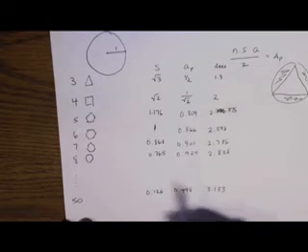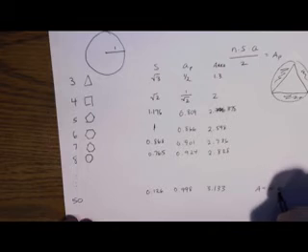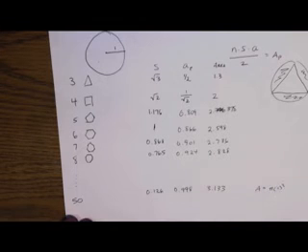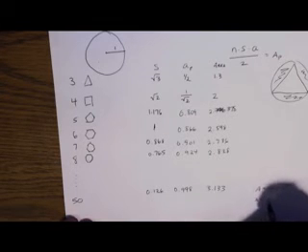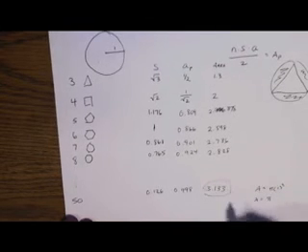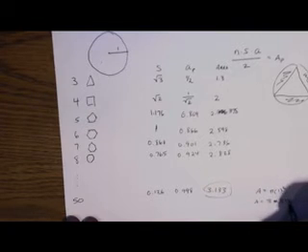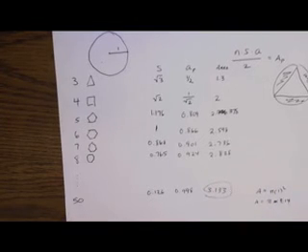Now, remember, the area of the circle of radius 1 is just pi times 1 squared. So we're expecting the area to approach the value of pi, which, as soon as we get to about 50, is pretty close. Remember, pi is approximately 3.14. So we're getting rather close by the time we get to 50. You can imagine how much time it took to do all of this by hand.